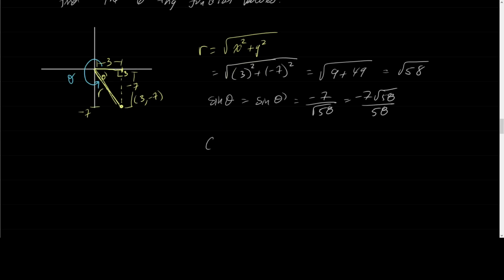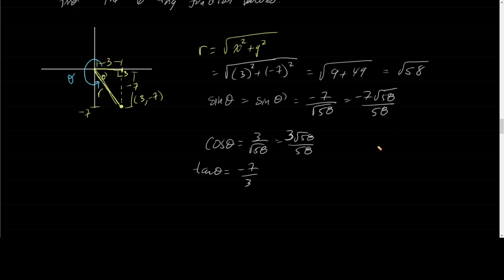Similarly, cosine is adjacent over hypotenuse, because I can just look at the reference angle. So it will be 3 over radical 58, which is 3 radical 58 over 58. Tan theta would be opposite over adjacent, so negative 7 over 3.